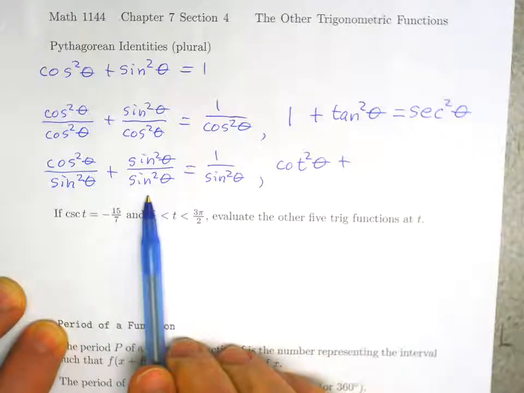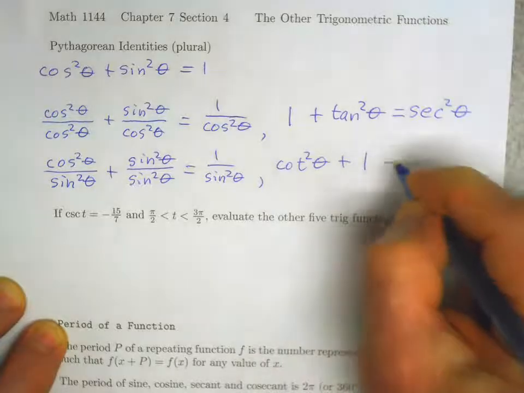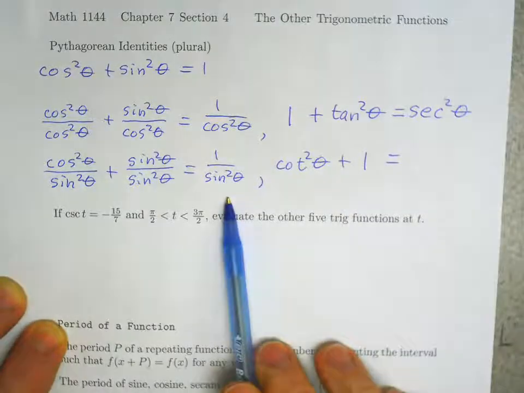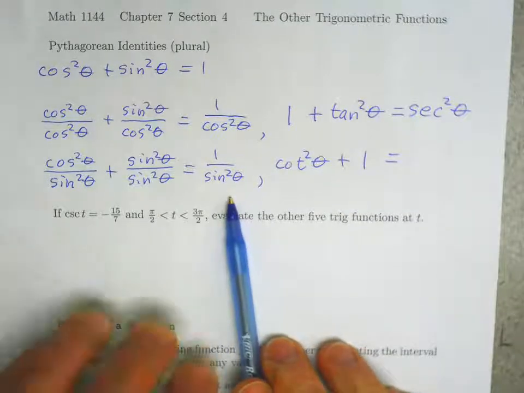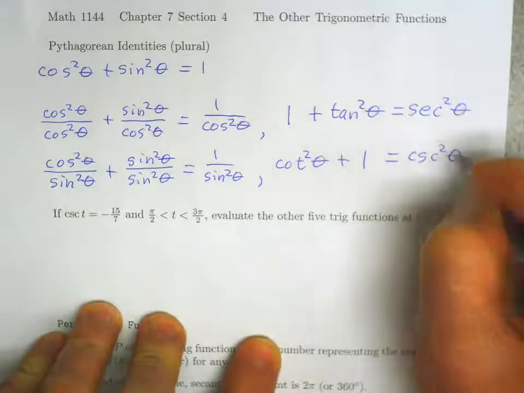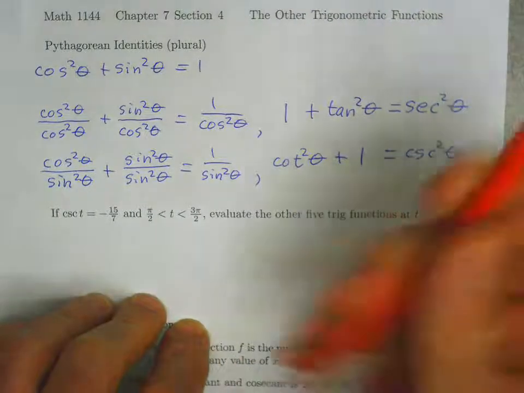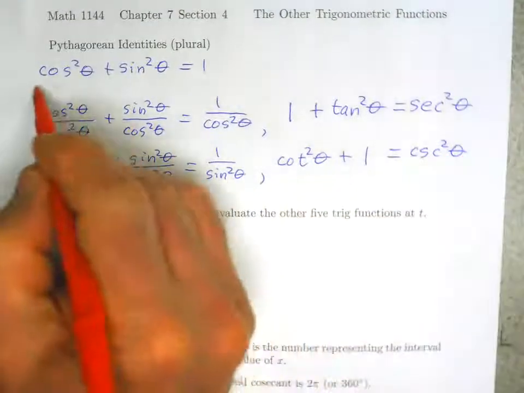Sine of theta squared divided by sine of theta squared is 1. And on the right hand side, 1 divided by sine of theta squared is cosecant of theta squared. Okay, so those are the 3 Pythagorean identities.